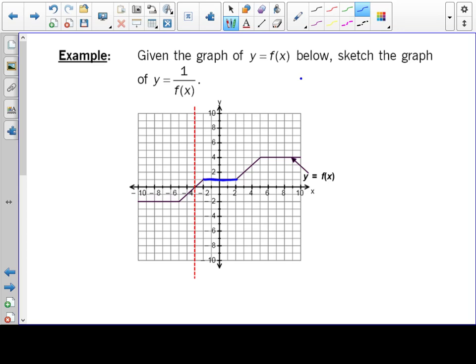Now, if the graph gets smaller, then the reciprocal is going to get bigger. Here it gets bigger, so it's going to get smaller. But while the graph gets bigger, it only gets bigger to 4 and then it stops.